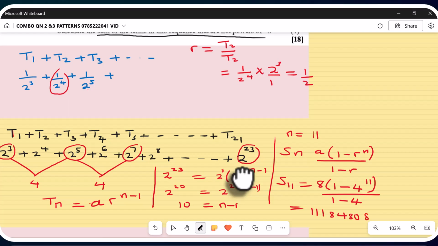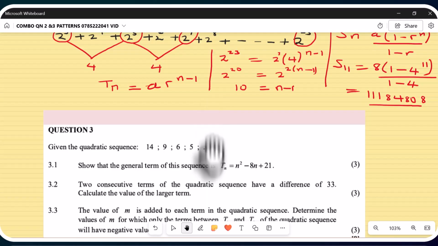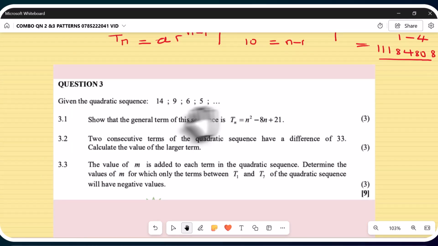So what is n going to be? Who can tell us? How about small tn? Our a is negative 5 here.